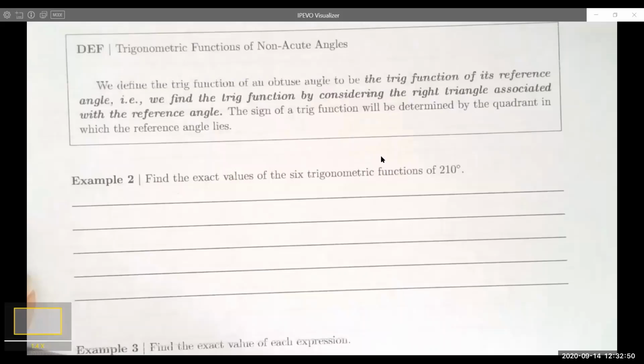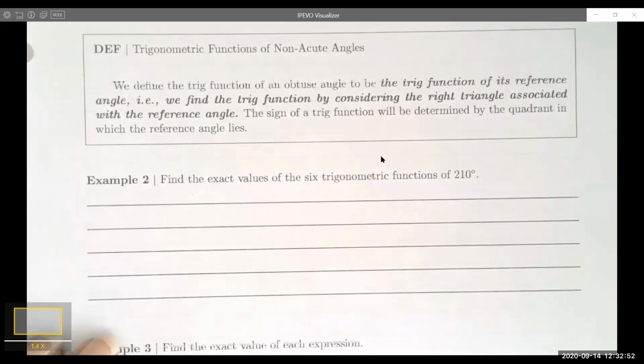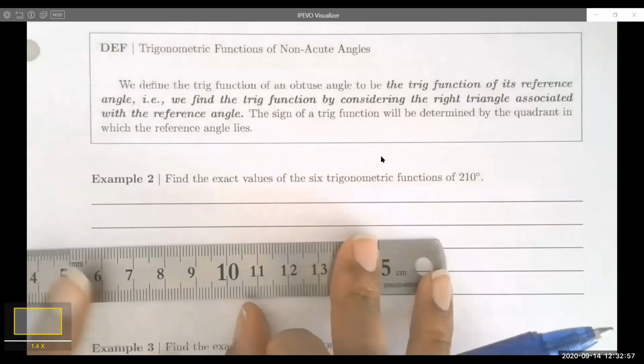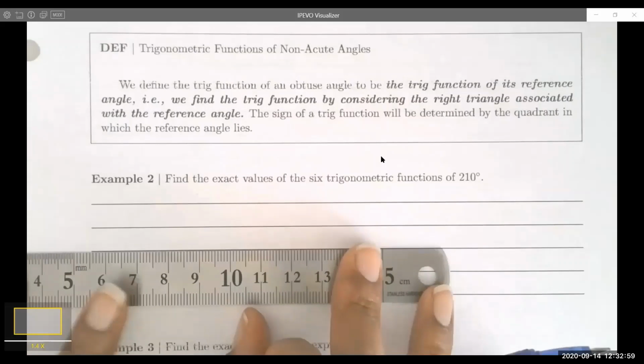For example 2, they want us to find the 6 trig functions of 210 degrees. And so what I'm going to do here is draw a diagram so that we can see what the reference angle is.